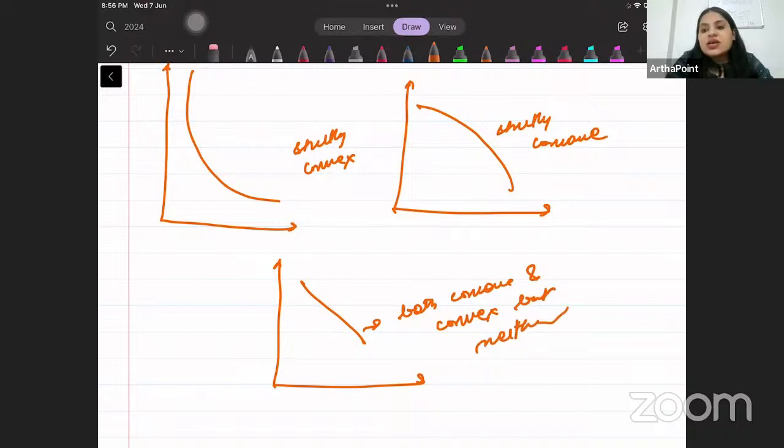For ICs, usually we look out for strict convexity and strict concavity. But mathematically, we will say that a line is both concave and convex. Is that clear? Any other doubt that you have here?